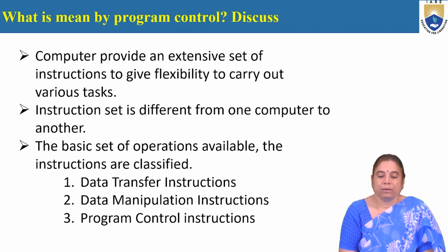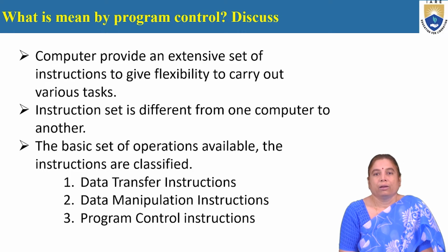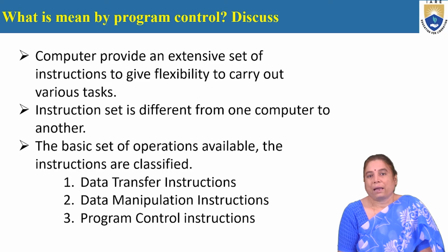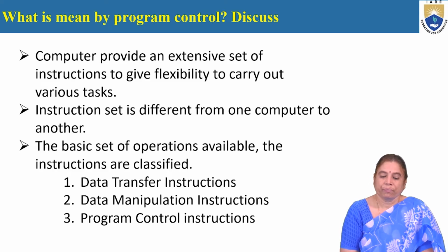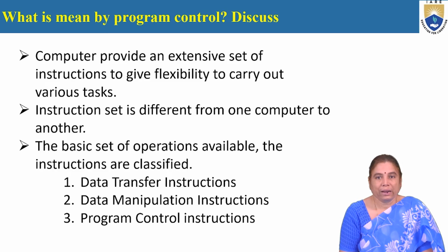Next question is, what is meant by program control? Discuss. So here a variety of instructions are available: data manipulation instructions, data transfer instructions, program control instructions. The computer provides an extensive set of instructions.